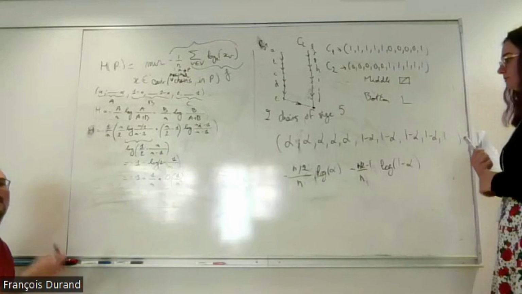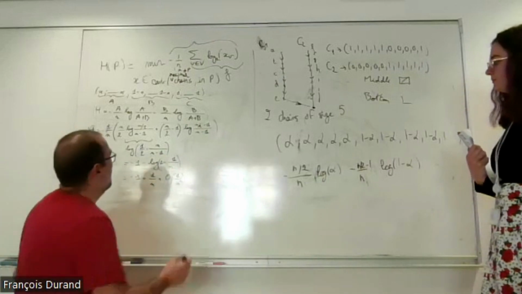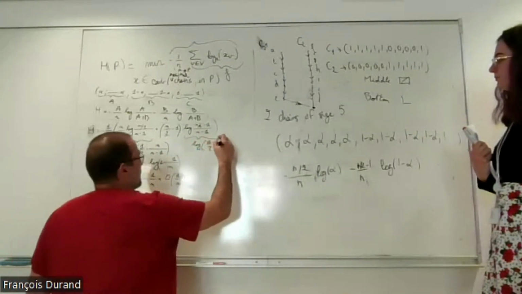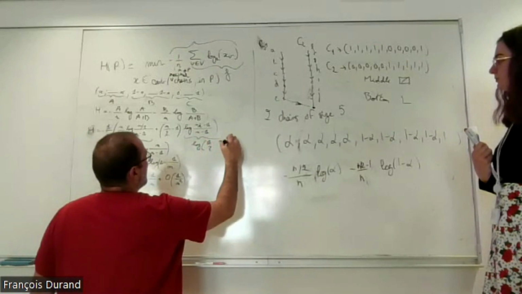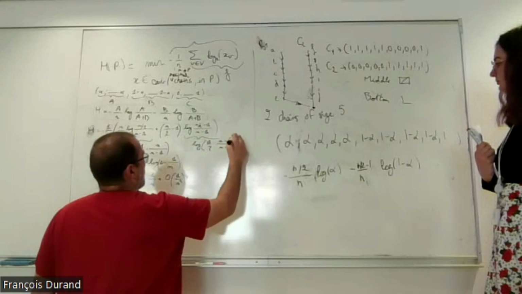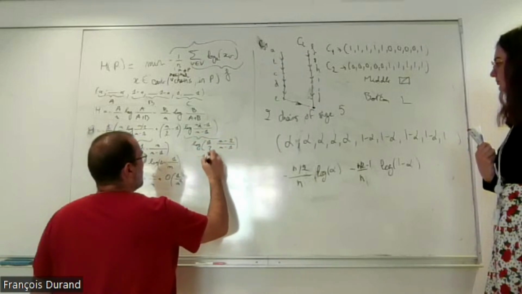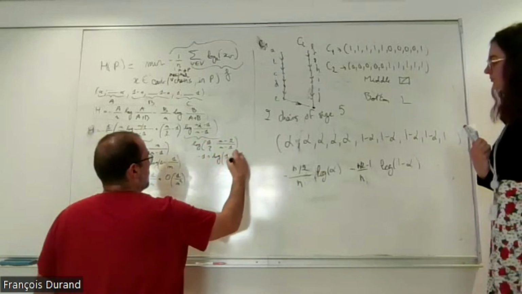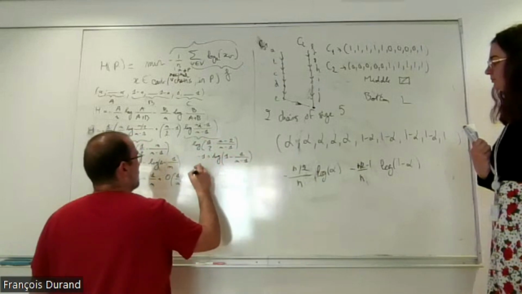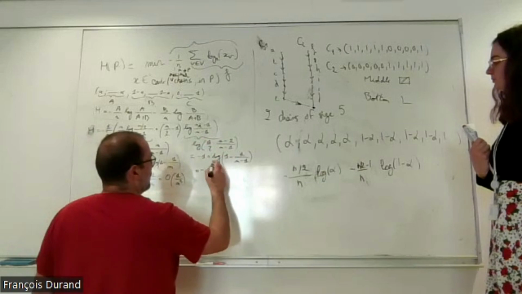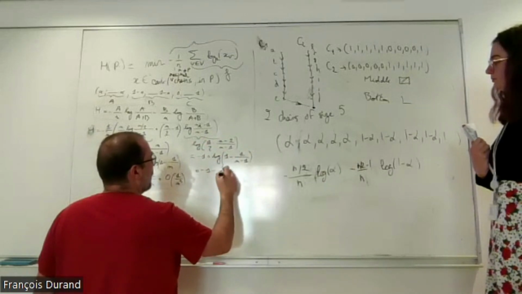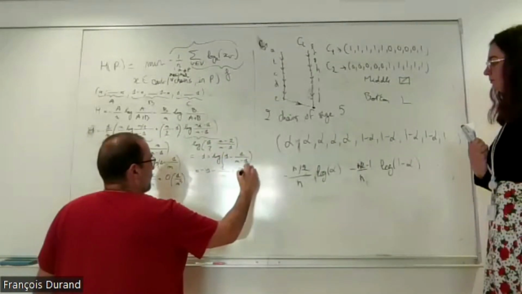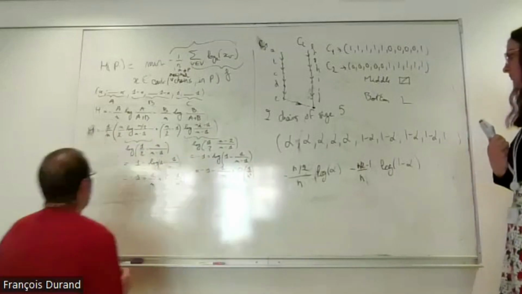We want to see what happens at least in the case where n is big. And then similarly you will have something like log of 1/2 times n minus 2 over n minus 1, which is minus 1 plus log of 1 minus 1 over n minus 1, which is minus 1 minus 1 over n minus 1, but I can write 1 over n because the difference will fall in the big O.